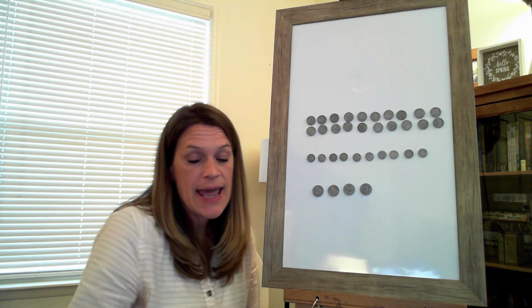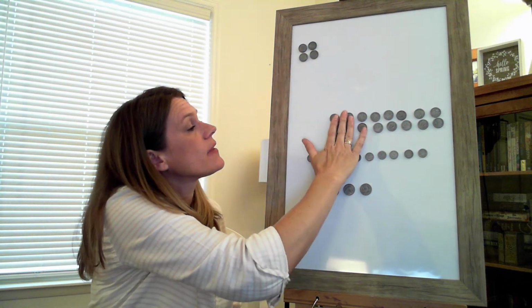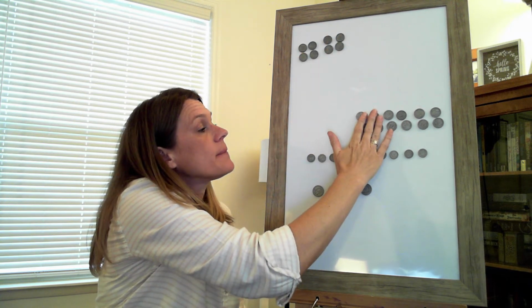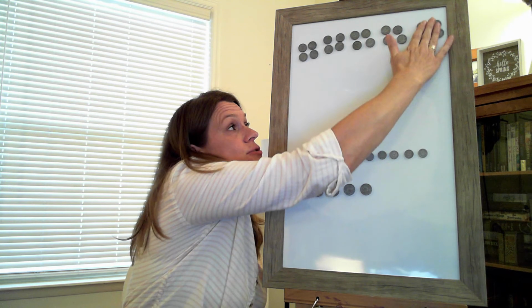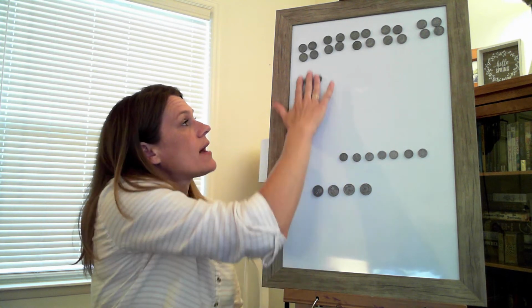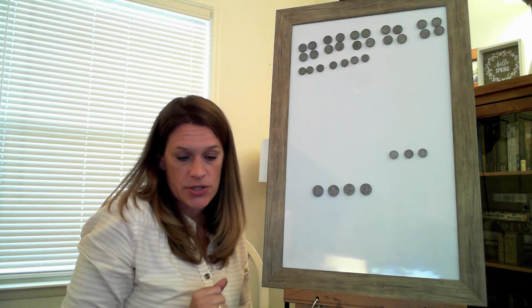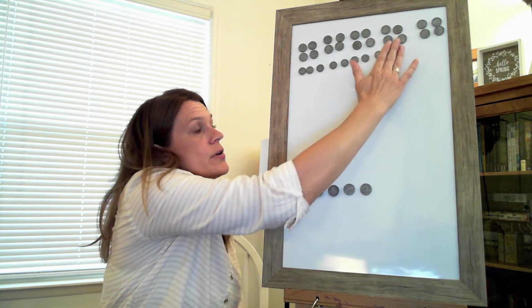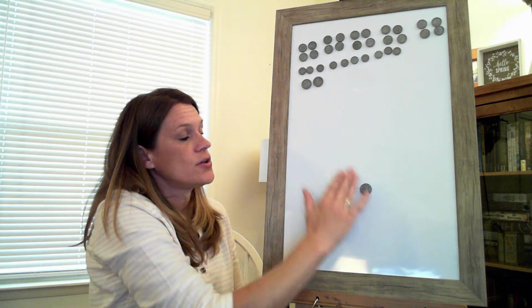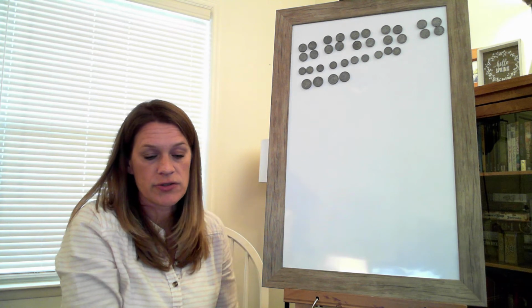All right, so now I'm going to show you an item. And this is a time when I need you guys to have your coins out. So you should have, let me do a check, 3 quarters. You should also have 5 dimes. So count your dimes.